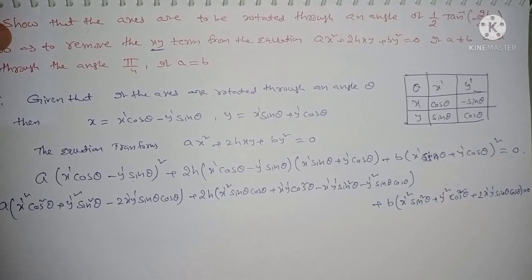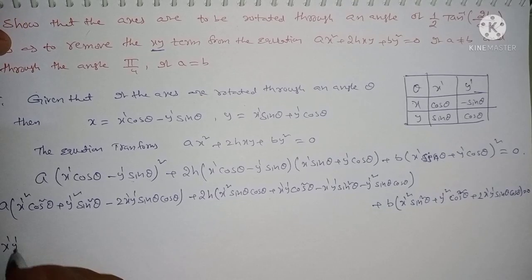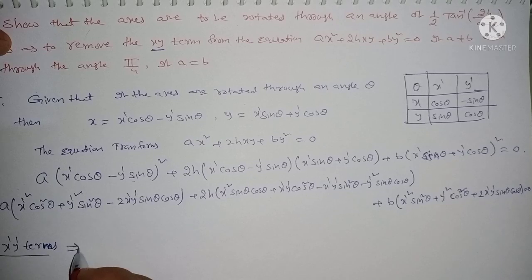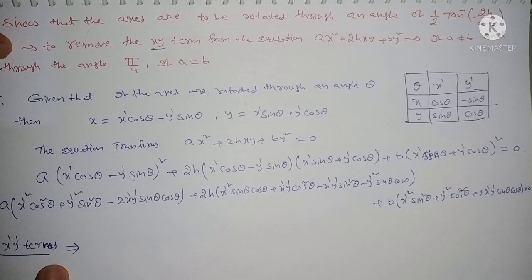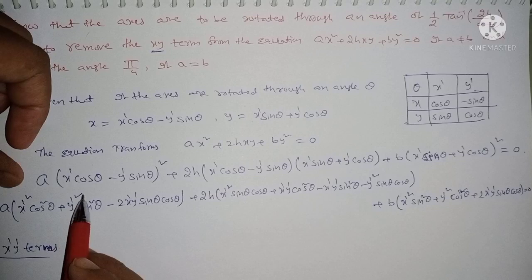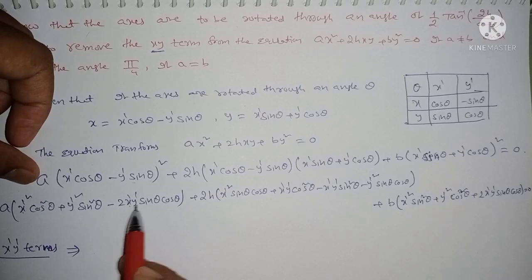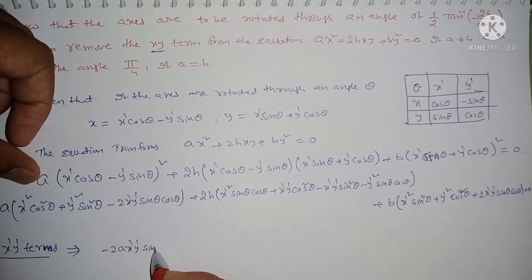In this, I can take here the x dash, y dash terms only. Listen here, the x dash and y dash term. This is the x square term, this is the y square term. The x dash y dash term is minus 2a x dash y dash sin theta cos theta, the first one.